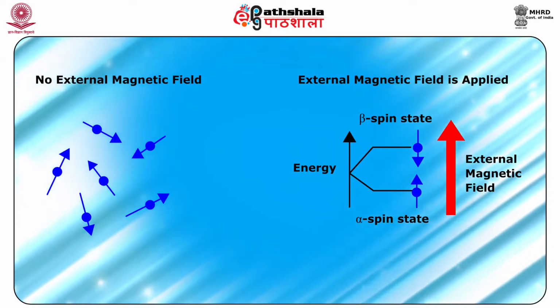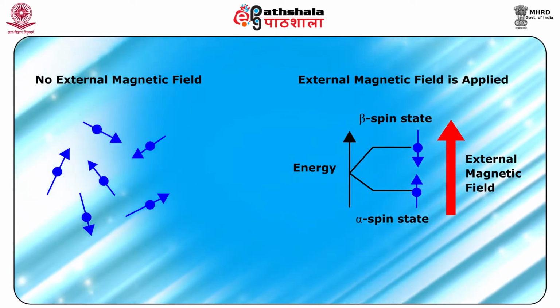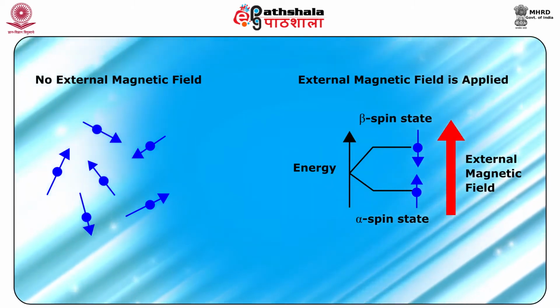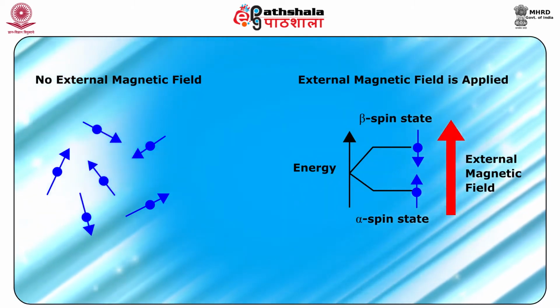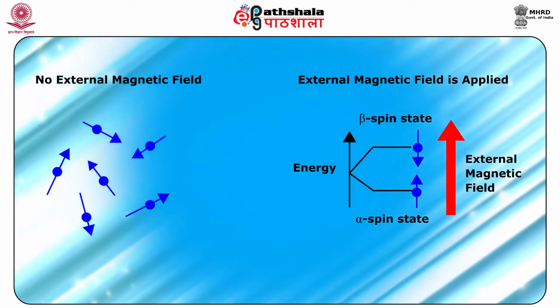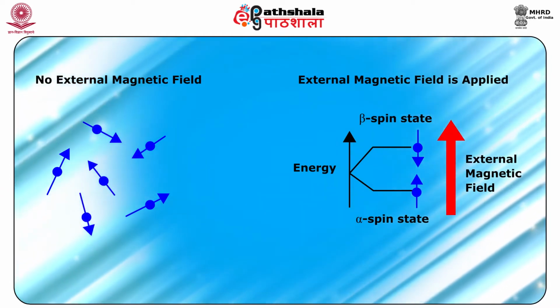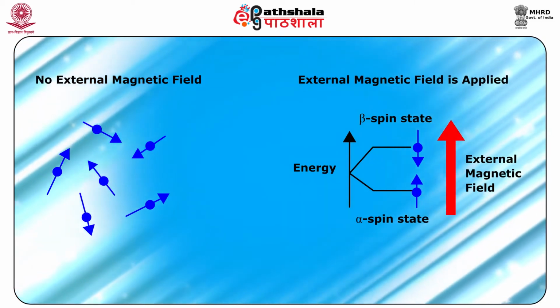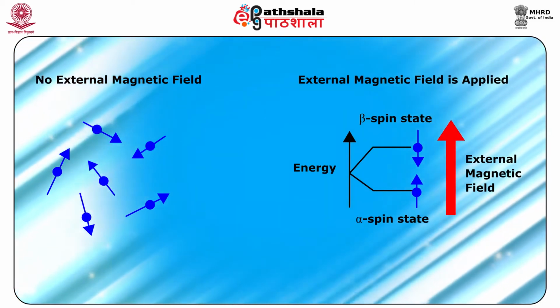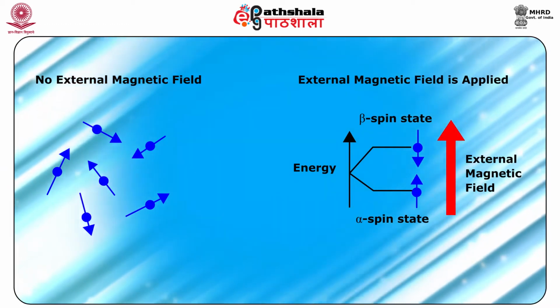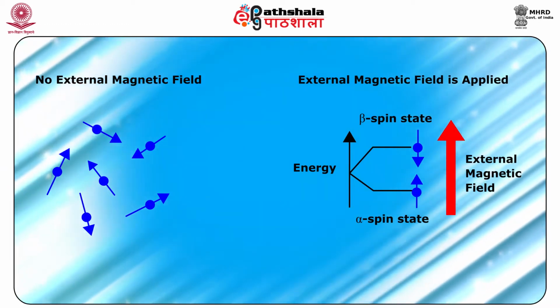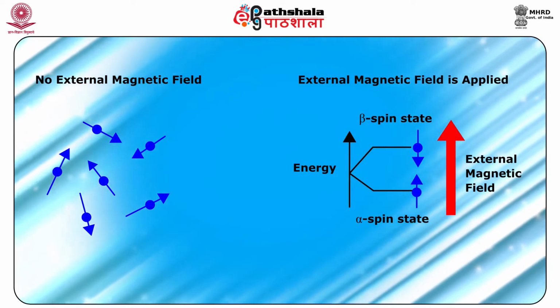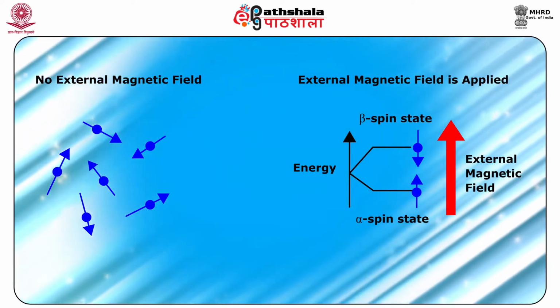In the presence of an external magnetic field, some of the nuclei arrange themselves in the direction of the external magnetic field, while others in the opposite direction. More energy is required for a nucleus to align against the external magnetic field than to align with it.